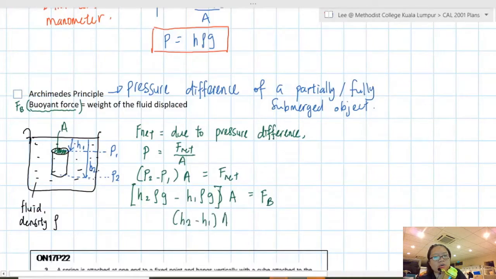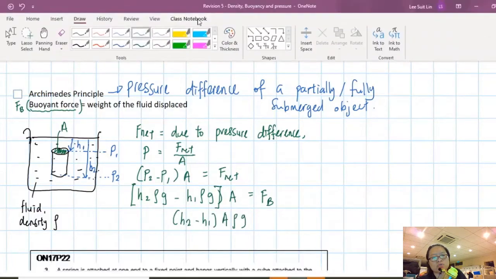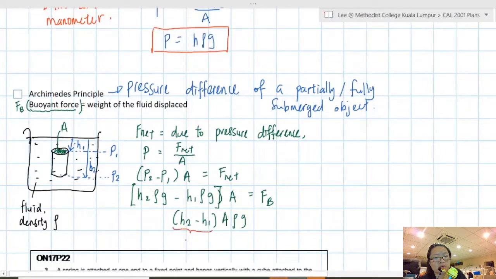So simplify a bit: h2 minus h1 times A rho g is equal to FB. And I don't know whether you notice or not, but h2 minus h1 is equal to delta h, which is the height of the object that you submerge. And then if you multiply by A, it's actually the volume.